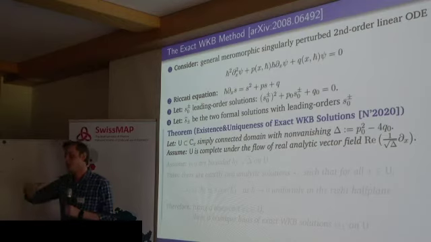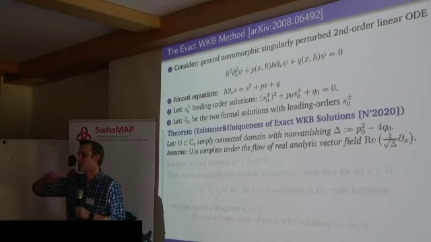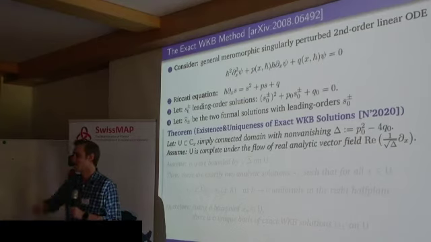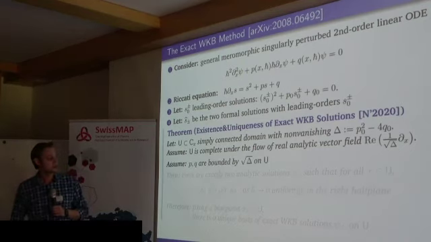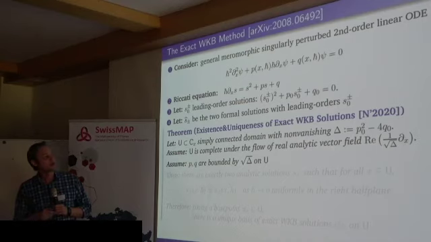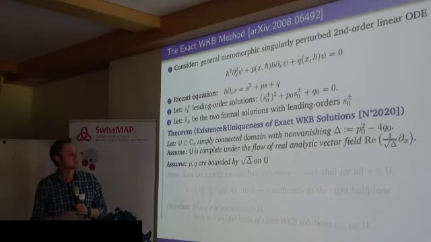In other words, the integral trajectories of this vector field don't encounter any singularities in finite time. Then there's a small regularity assumption on the coefficients P and Q over this complete simply connected set U, which is that they need to be not quite bounded.